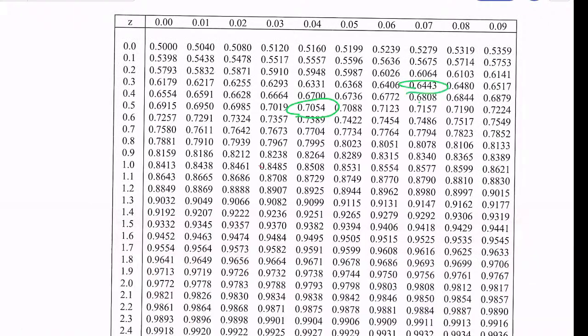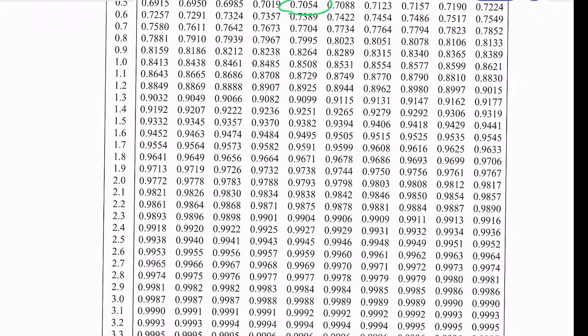So now I look for the probability. So I'm doing the original method. 3.21 is, he's in the 99, almost 100th, right? 99.93 percentile.